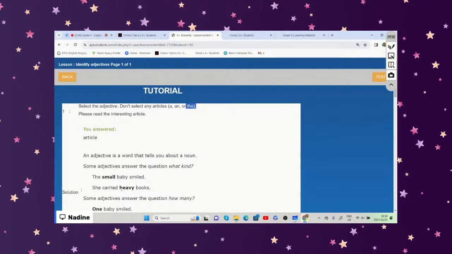A, an, and the are not going to describe the noun. So if we look at the sentence, please read the interesting article. What is the adjective that basically describes or tells us about the noun? What is the word within that sentence that tells us about the noun?